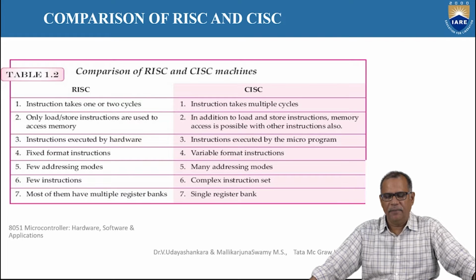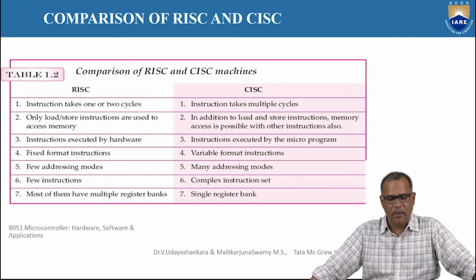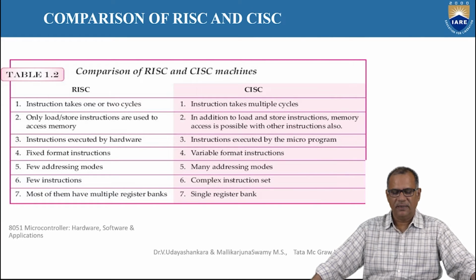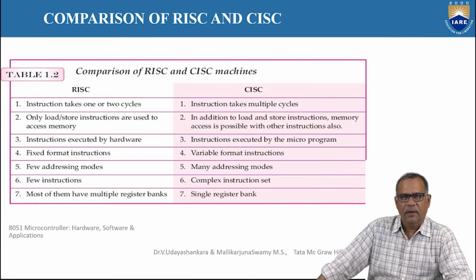Now let us see the comparison of RISC and CISC. In RISC, the instruction takes 1 or 2 cycles, and in CISC, depending upon the instruction, it can take more than 1 or 2 or 3 cycles.